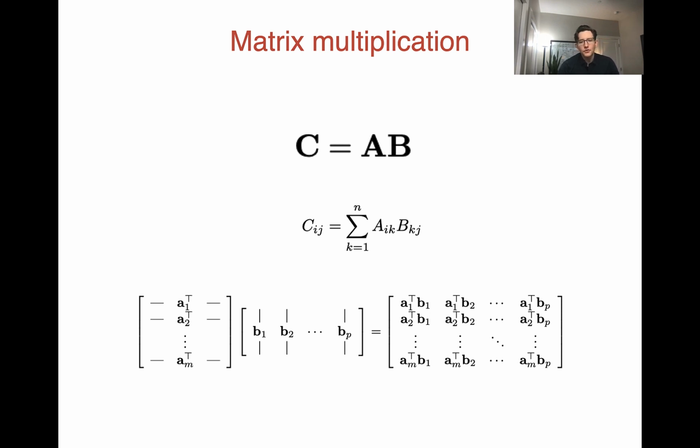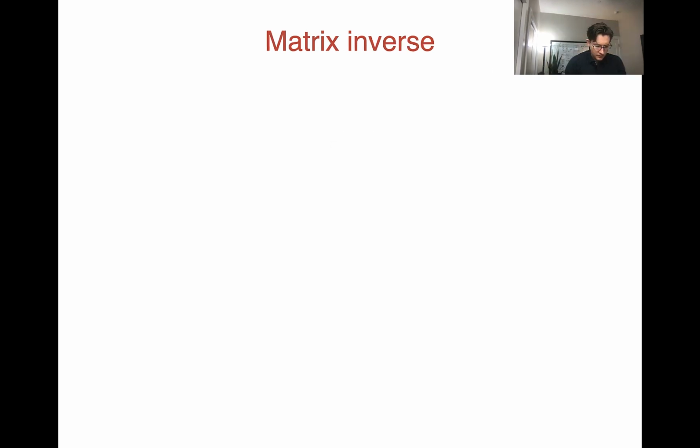I encourage you to go through the textbook and remind yourself of different good ways of thinking about matrix multiplication. There's an equivalent way which is based all on the outer product, which I think can help us with intuition some of the time. But more generally, from a mathematical perspective, this definition here uniquely defines matrix multiplication for us.